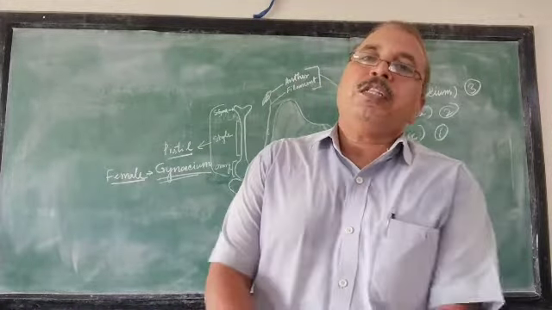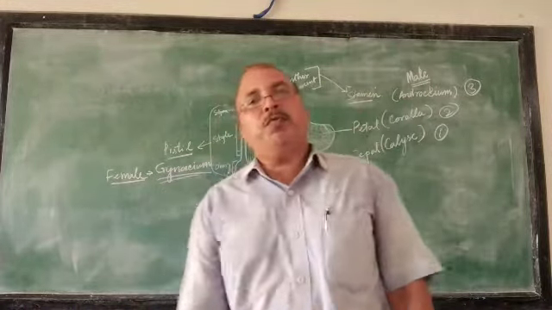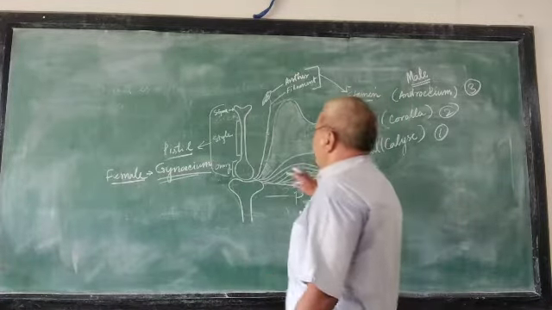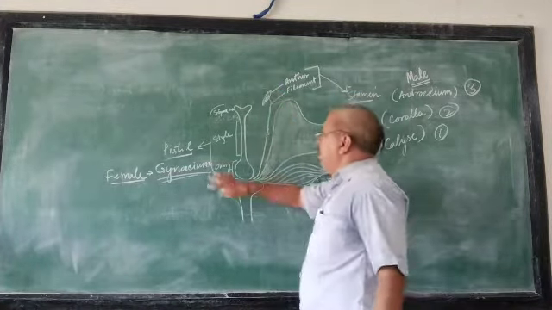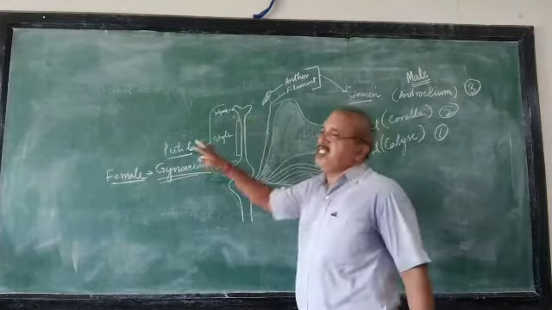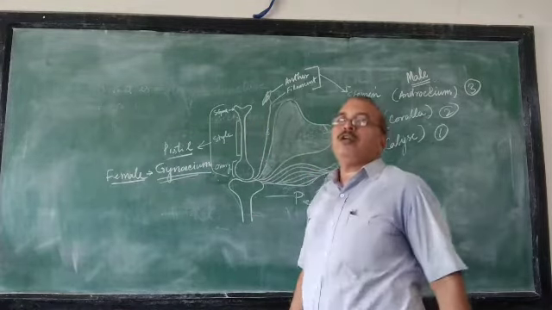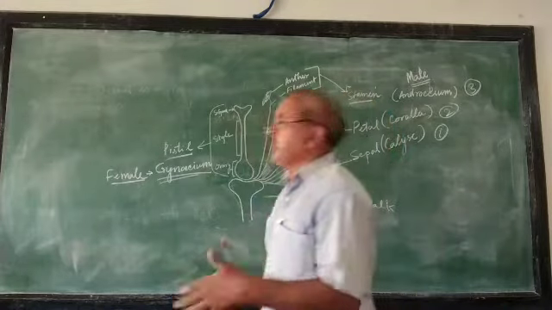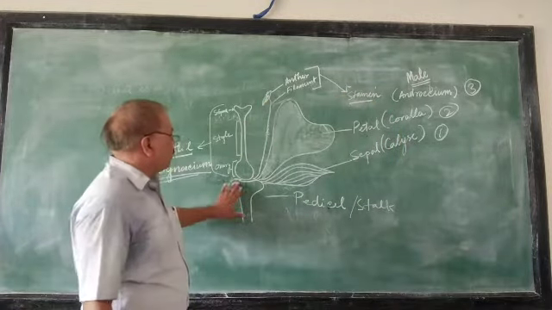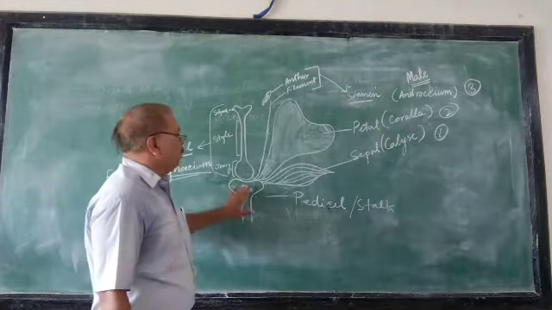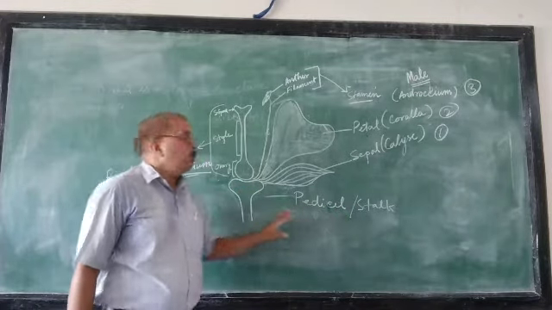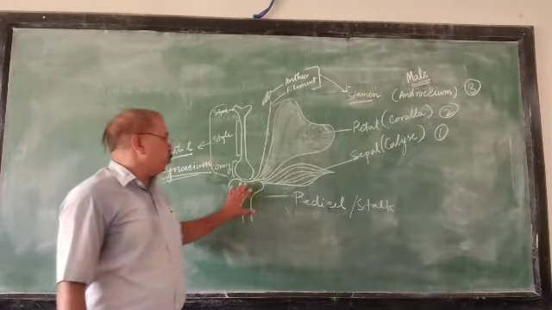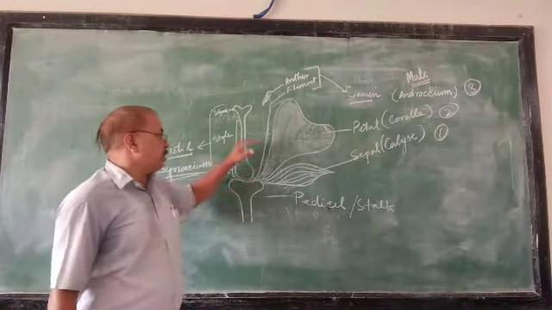Right? So in this video, this is all for today, and this is all you have to draw in your biology copy. I am just recollecting what we have read. This is the base of the flower, called the pedicellar stalk. This attaches the flower to the branch. Then parts start from here.